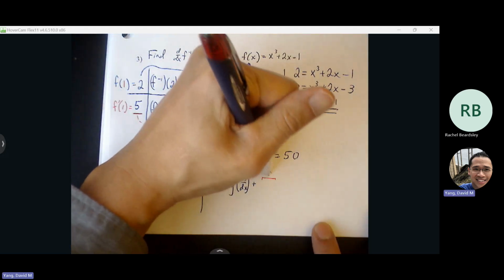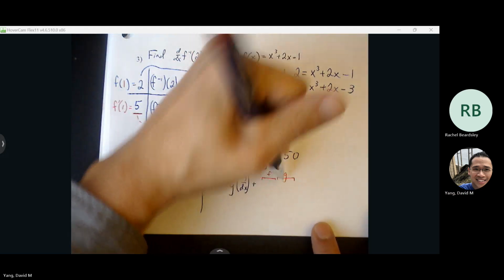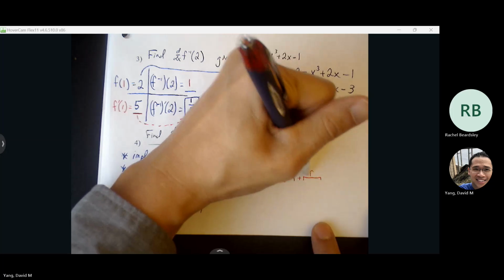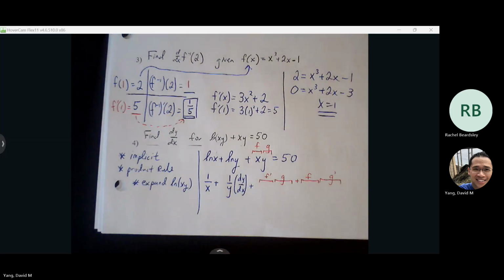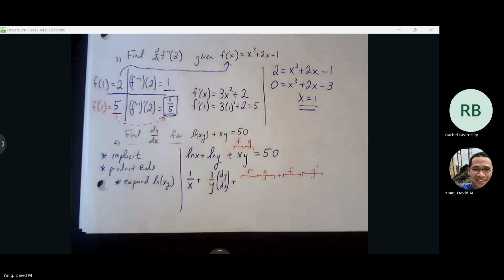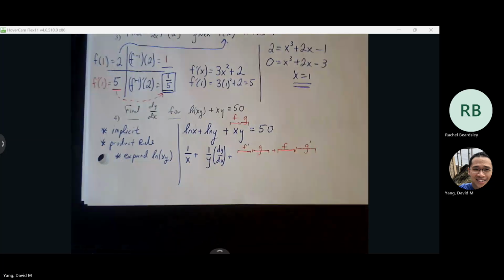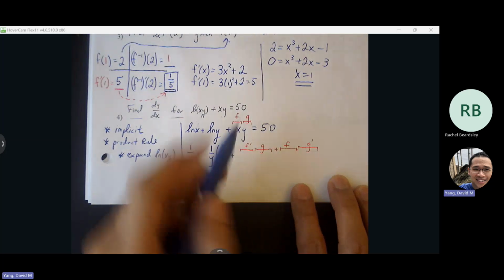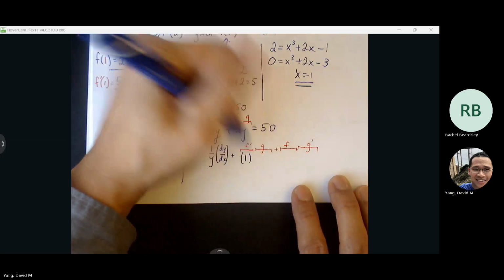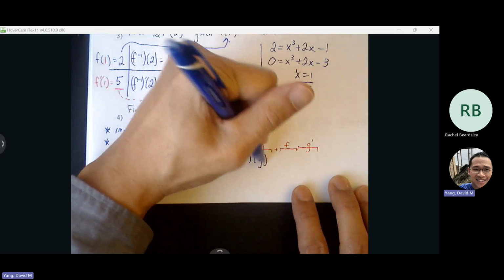Product rule: f prime g plus f g prime. x becomes 1, g is y.